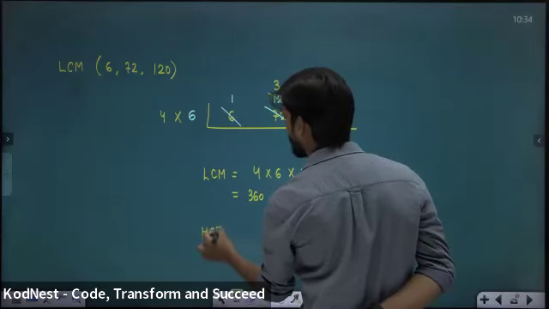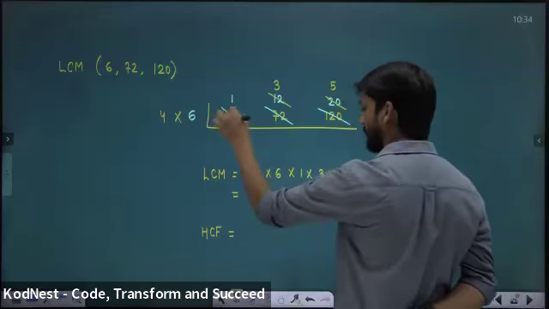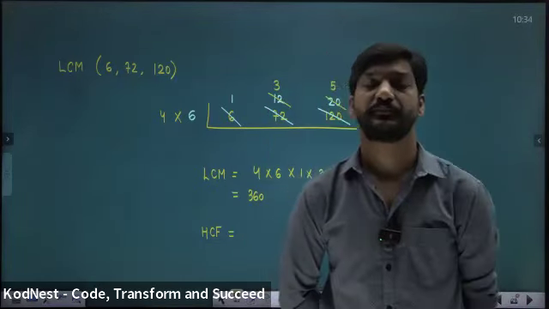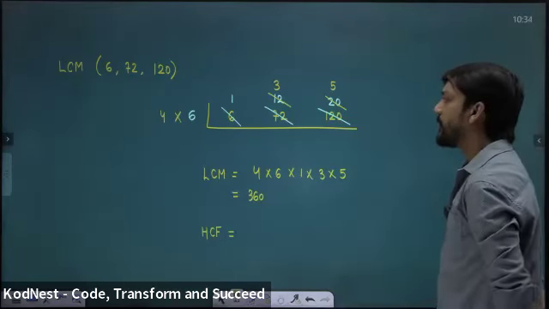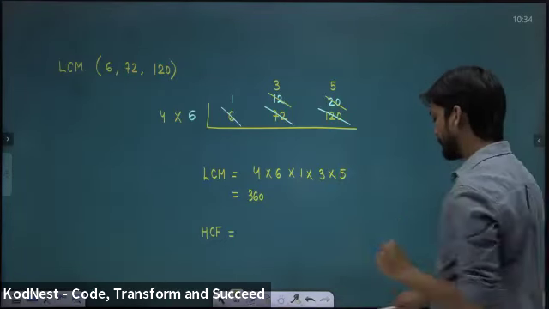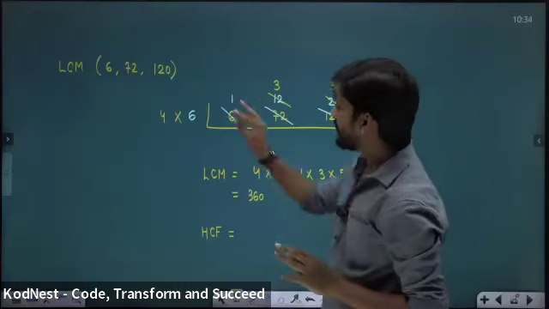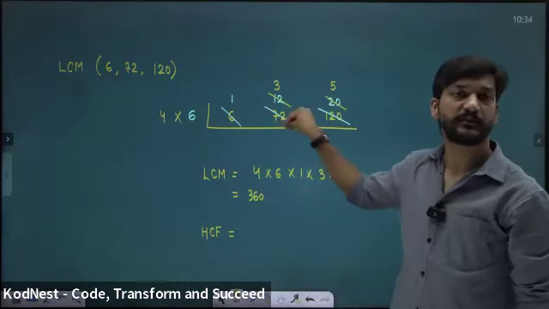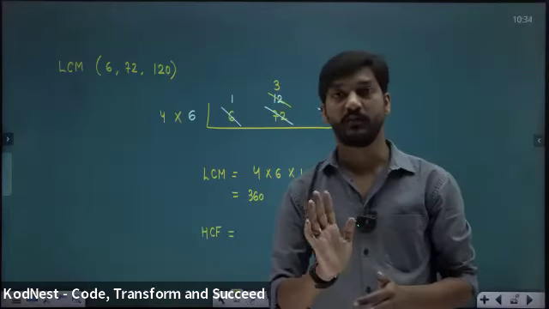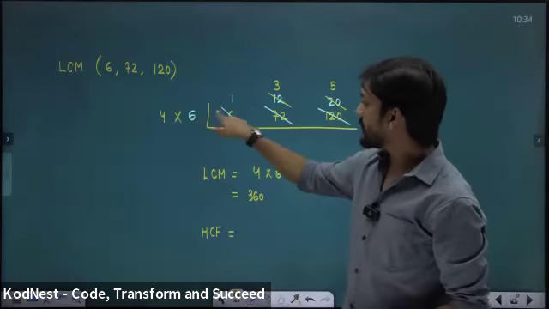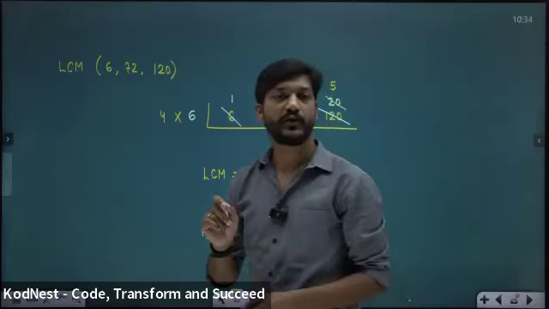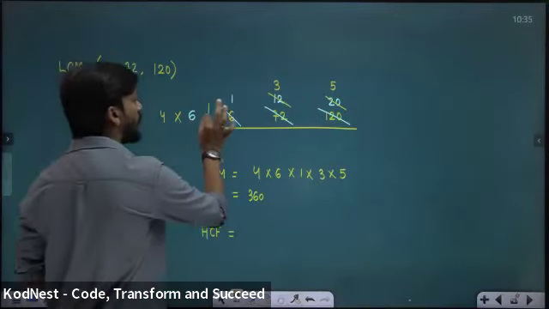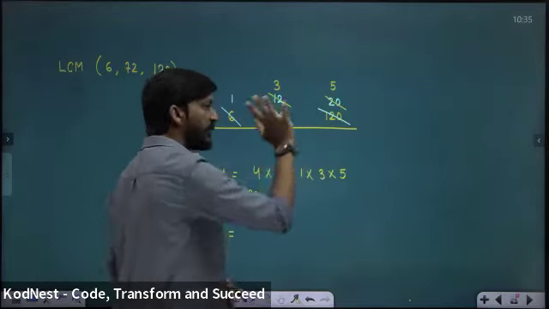Now suppose from the same thing, whatever we have done, we have to identify the highest common factor also. So tell me please, carefully answer. What was the number which has cancelled all the numbers present? Will you say 4 cancelled all these numbers present inside the table?